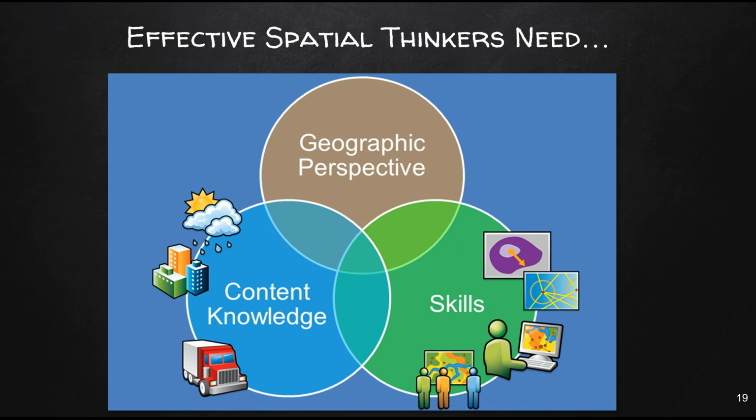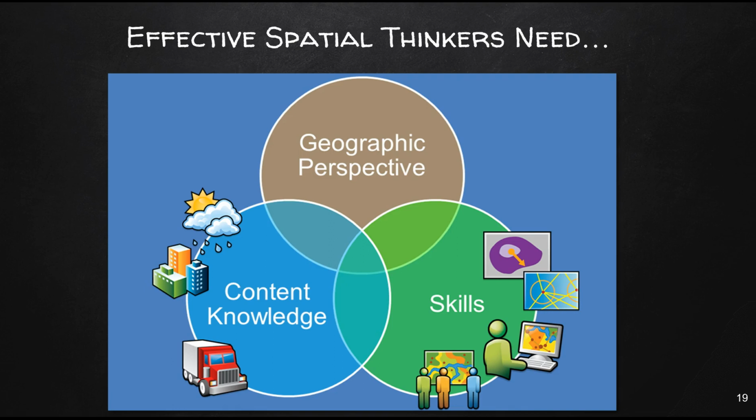So finally, effective spatial thinkers need three general things. Areas. So the skills are important, and many, such as adding and manipulating spatial data, changing legends, working with pop-up information on your maps, working with tabular information, working with scale, and other things such as spatial statistics, map projections, querying and sorting data, overlay operations, map algebra, and so forth.